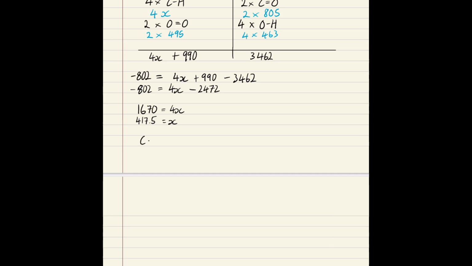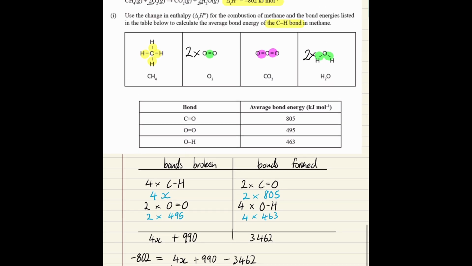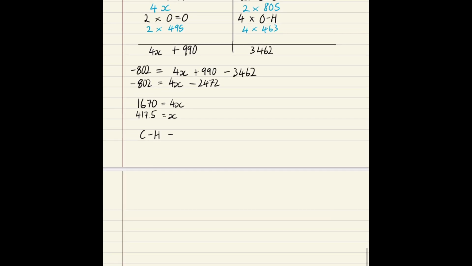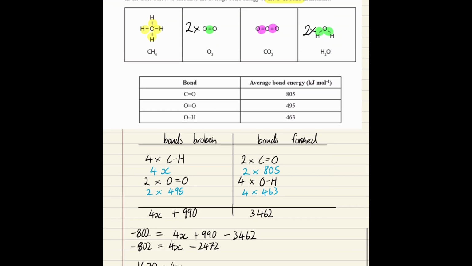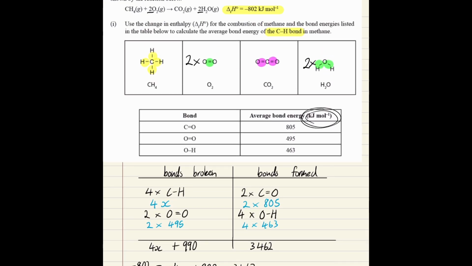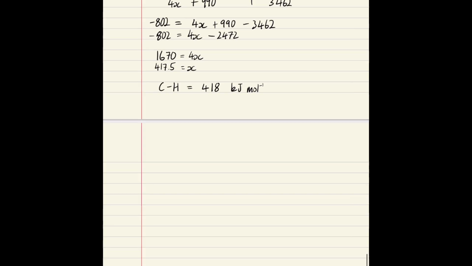So I'm going to say that the C to H bond is equal, rounded to 3 sig fig, 418 kilojoules per mole. And remember, if you're not sure about the units, you can literally just look in the table. So that is your final answer.